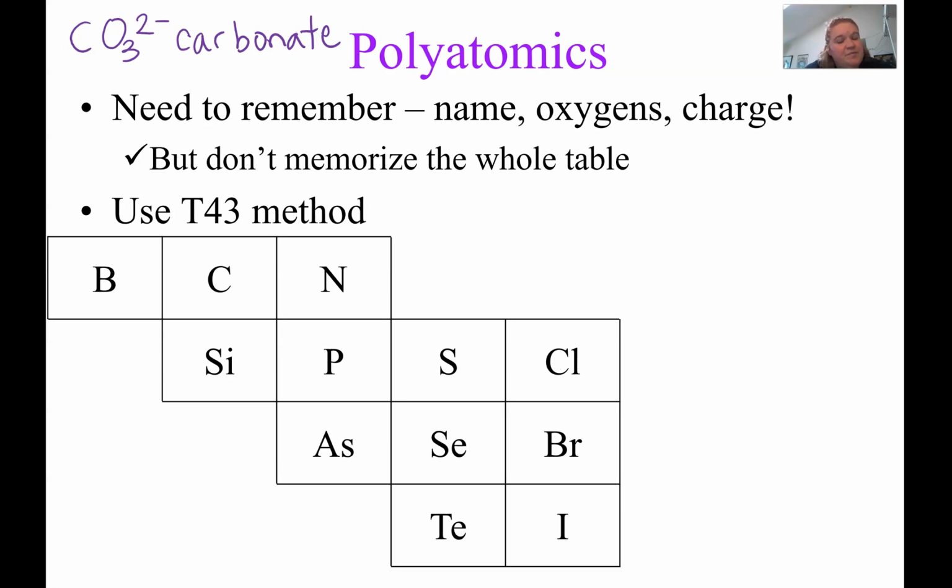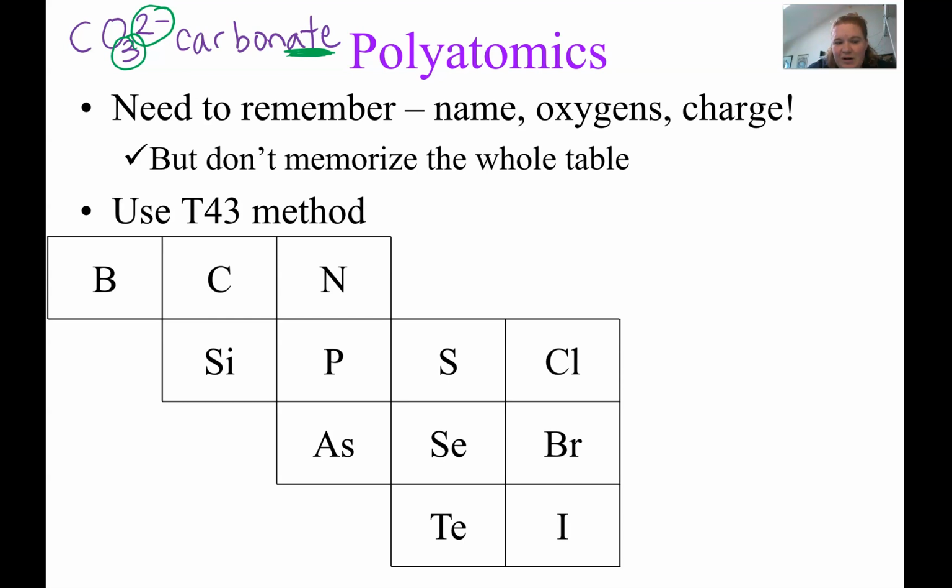negatively charged. So when you're memorizing polyatomics, there's really three things you have to remember. You have to remember how many oxygens it has, what the charge is, and then how do we name it? And there's not a great pattern.